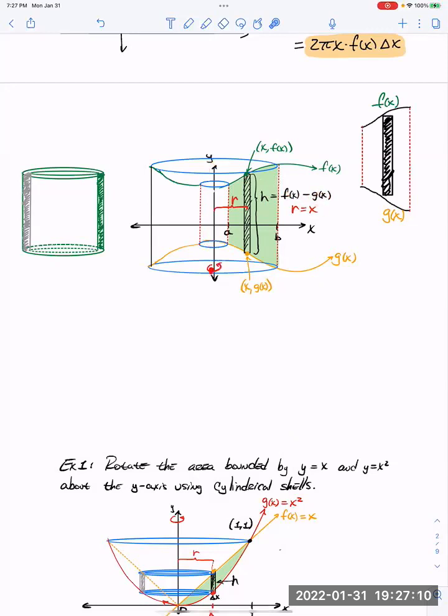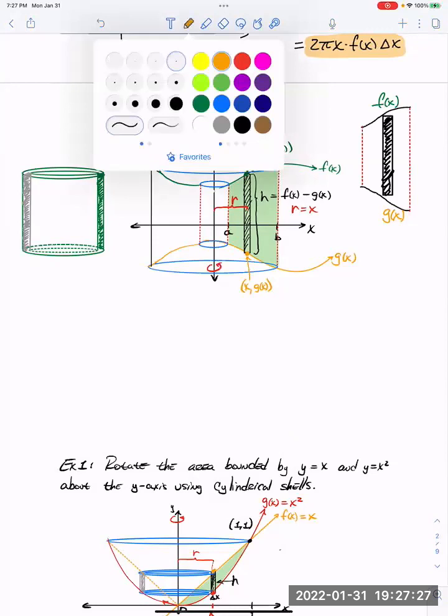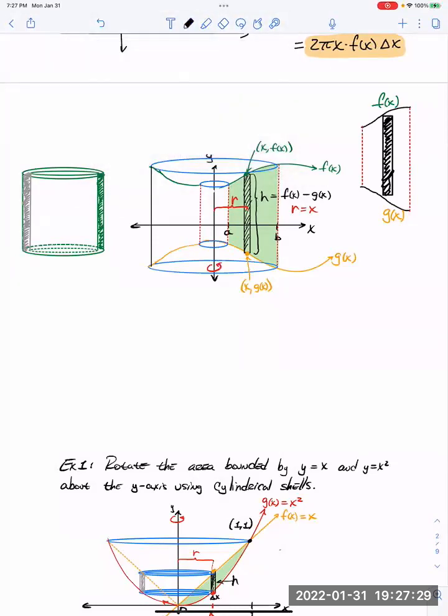The axis of rotation is the y-axis, so the distance from the y-axis to that partition is just these x values, which are exactly the same. That's why the radius is x. So h is equal to f of x minus g of x, and r is equal to x.